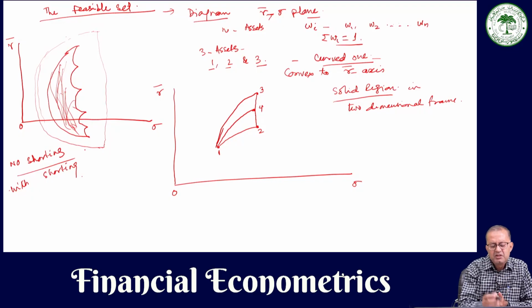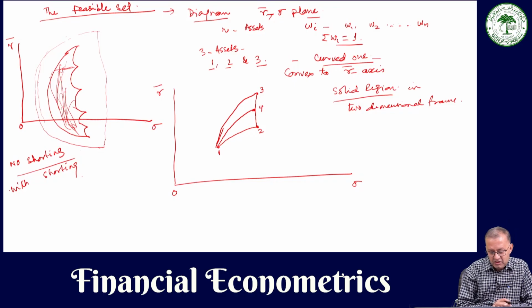So all the feasible sets will be like this, and the investors will invest to the left of this curved line and up to this, not beyond this. Clear? Left means where the variability, the risk factor, will be lower.